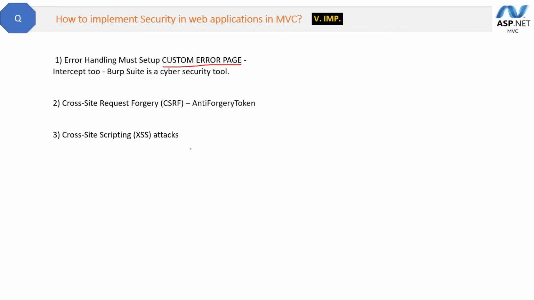Then there are cross-site scripting attacks, which is basically when you have a text box for entering the name of the user, and instead of entering his name, a hacker enters a JavaScript inside the text box.